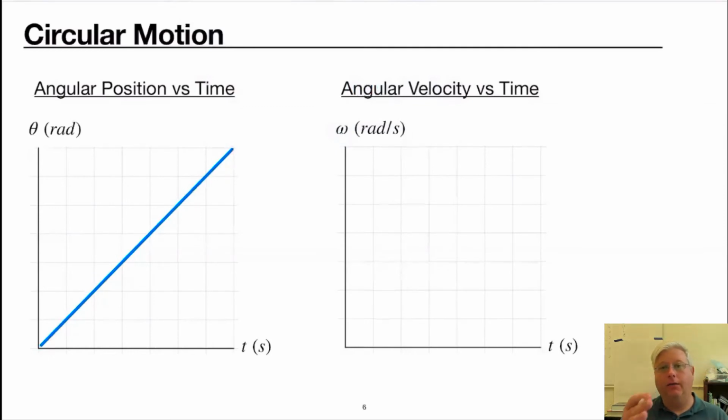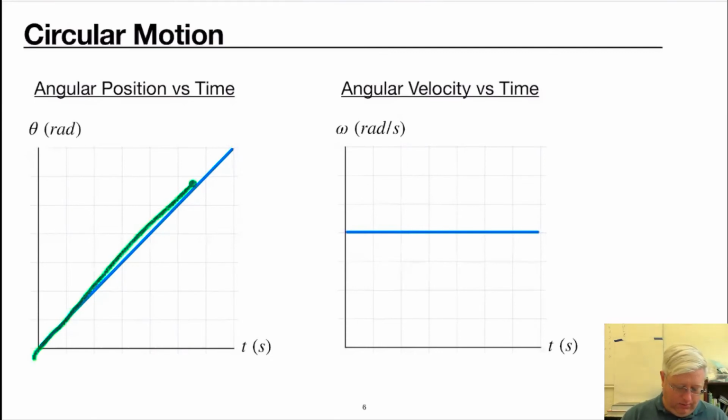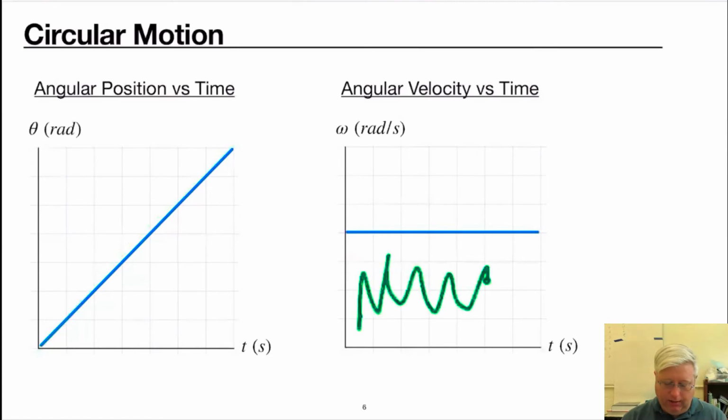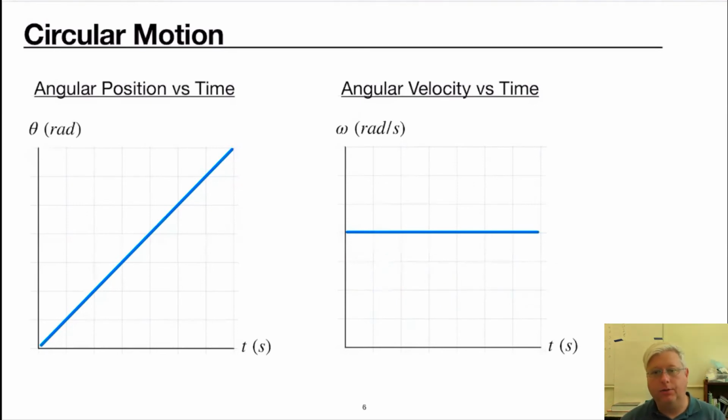And then the angular velocity versus time graph, since it's a constant velocity, will be that flat line. Okay? And so again, the slope of the position versus time graph, in this case an angular position, will give us the angular velocity. And the area under the curve of the angular velocity versus time graph will give us the displacement. Okay, so nothing a whole lot new. It's just applying this to angular or circular motion.